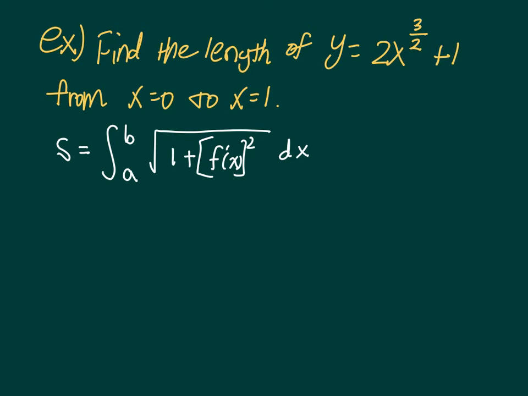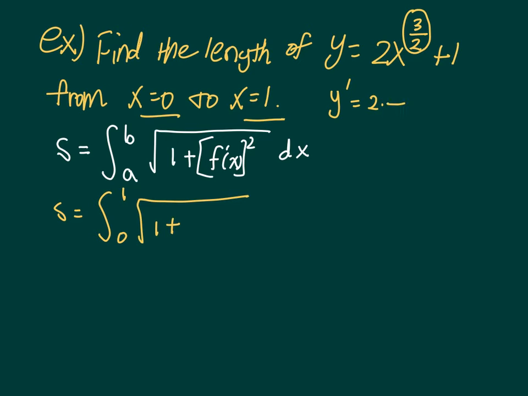dx. From our memory, so a to b in here is 0 to 1, square root of 1 plus, we need f prime first, so let's differentiate y. The 2 and the 3 over 2 give us 3, and for x we take minus 1 from the exponent, so we get 1/2.